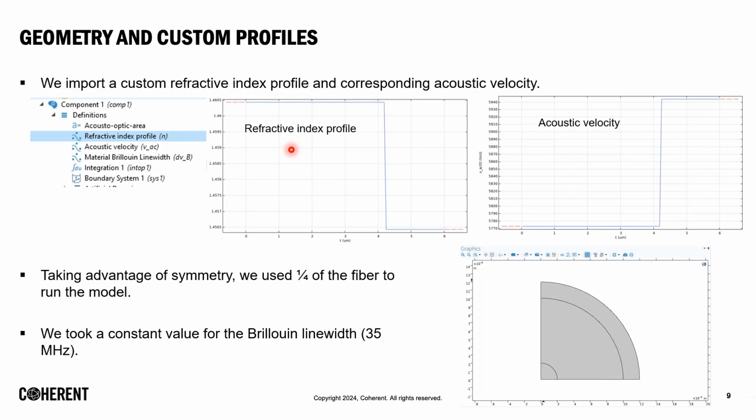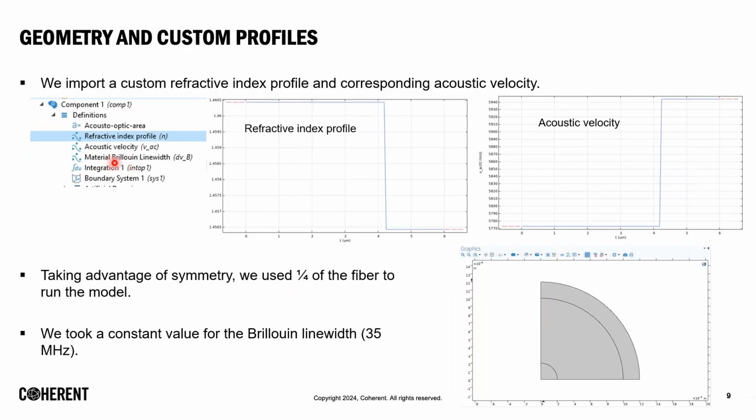Here we just manually imported it because in this case we can customize a refractive index profile and see what the corresponding SBS gain is, which is our goal here. So taking advantage of the symmetry, we use only one quarter of the fiber to run our model.